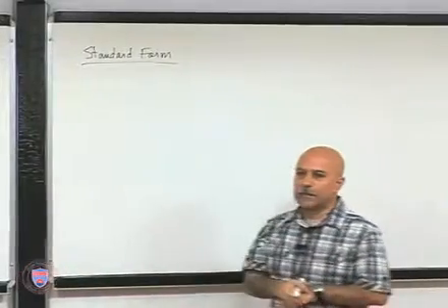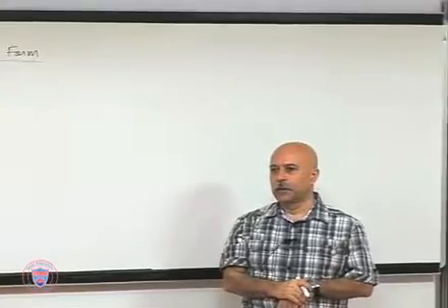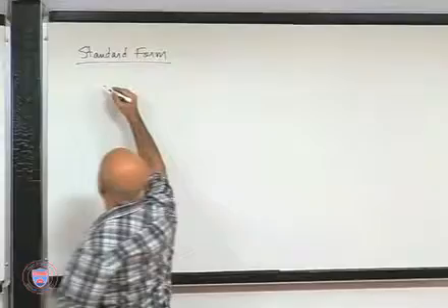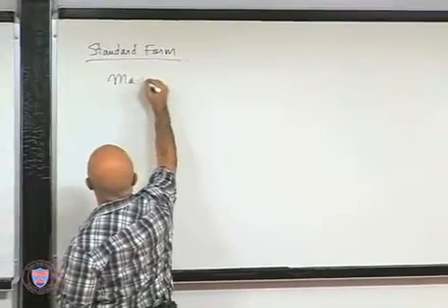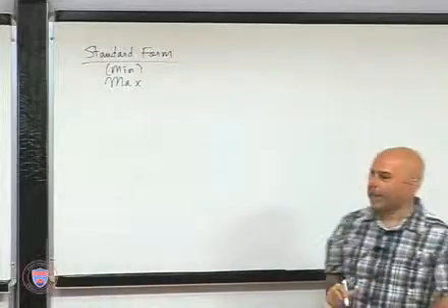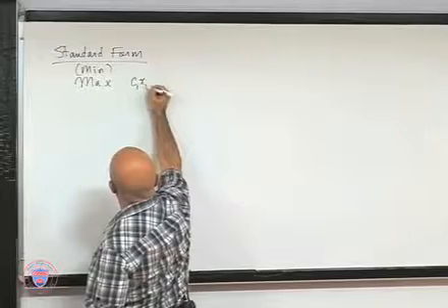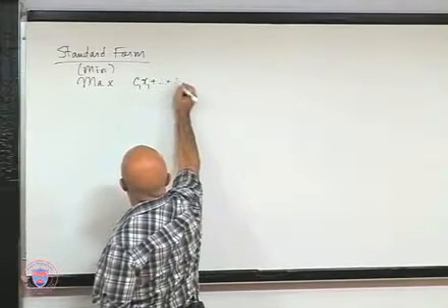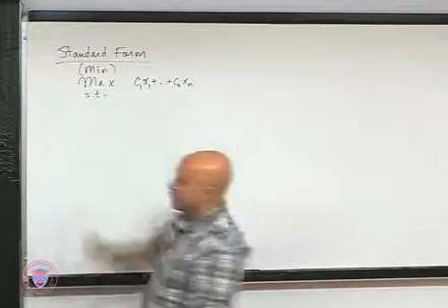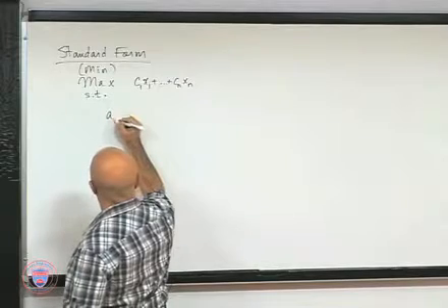The standard form is the typical version used for algebraic solution using the simplex method. So in the standard form, the problem could be a maximization or possibly a minimization. Again, you've got the same type of objective function. And the constraints, the functional constraints are all equalities now.